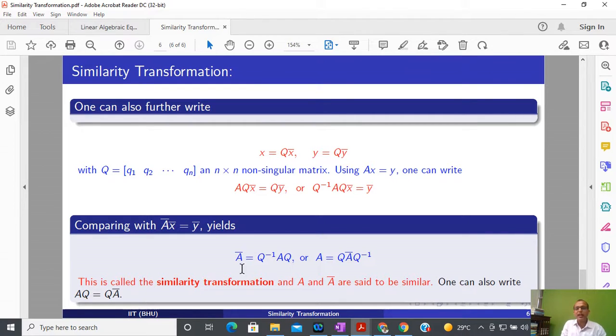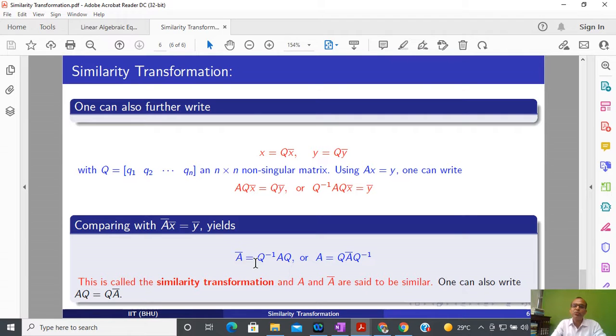Okay, because A and A bar are somehow similar, or both are doing the same job, so they are almost similar. It means that if I have some matrix A, suppose A is the system matrix for a dynamical system, then using this kind of transformation, you can see that Q you can select in infinitely many ways.